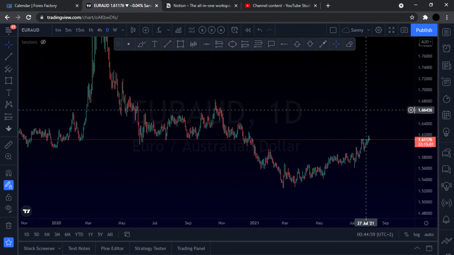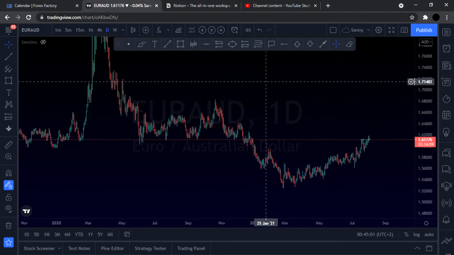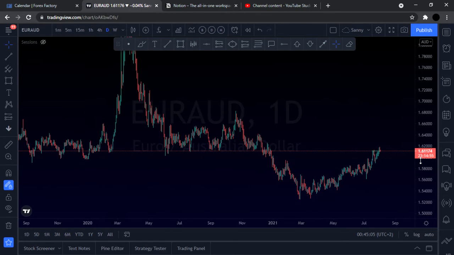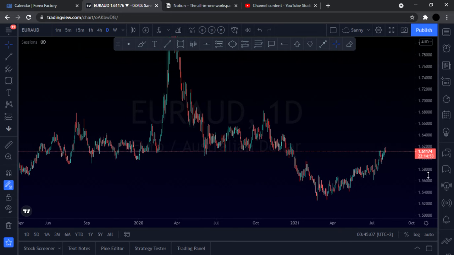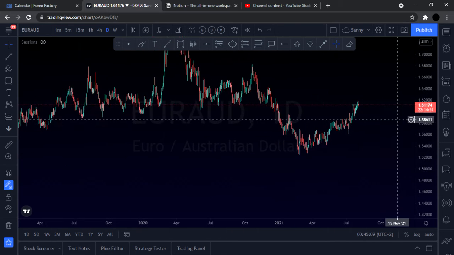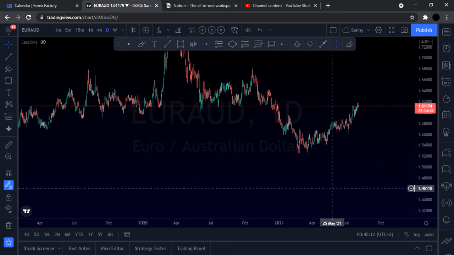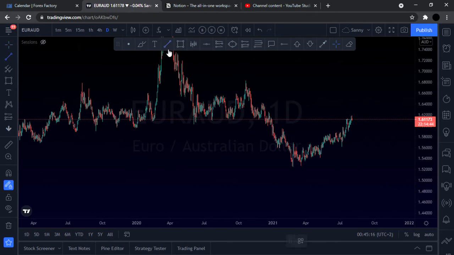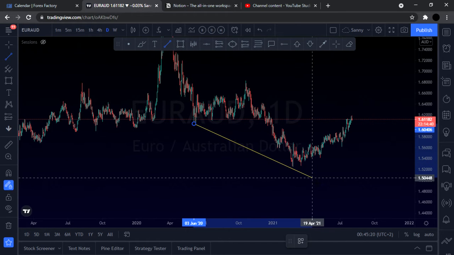So the first pair that I want us to look at is EURAUD. EURAUD has been very interesting lately. As you can see, we'll just start from the daily time frame, and right from that, I think you can see that we are in this downtrend here.